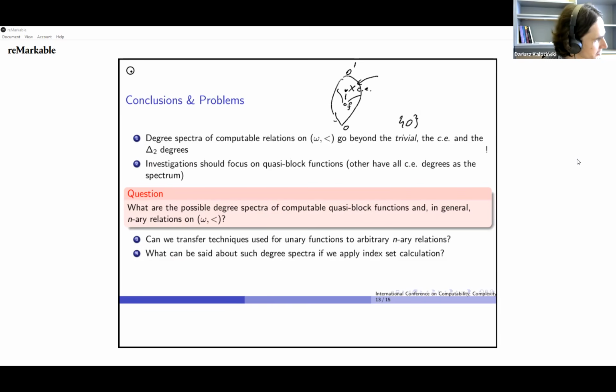But then I talked to Matthew Harrison-Trainor, and he said that one of his results implies that it's not possible, if I recall correctly.